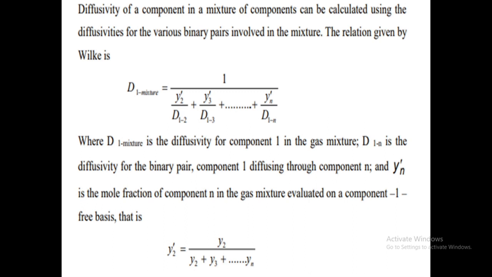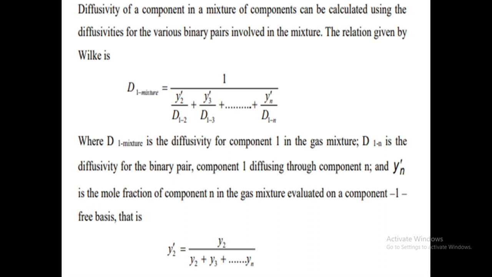D1 mixture is equal to 1 divided by y2 dash divided by D12 plus y3 dash divided by D13 plus etc. plus yn dash divided by D1n, where D1 mixture is the diffusivity for component 1 in the gas mixture.